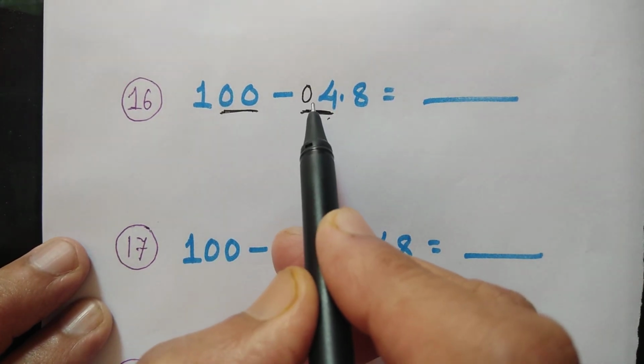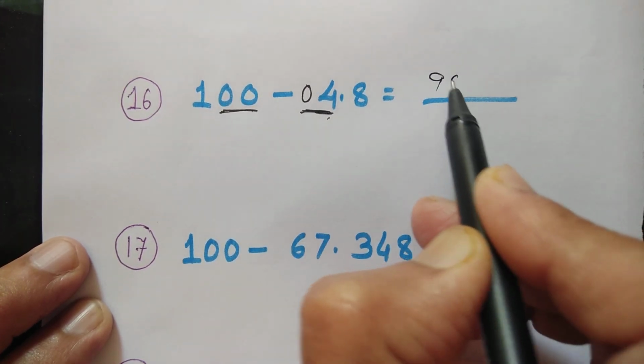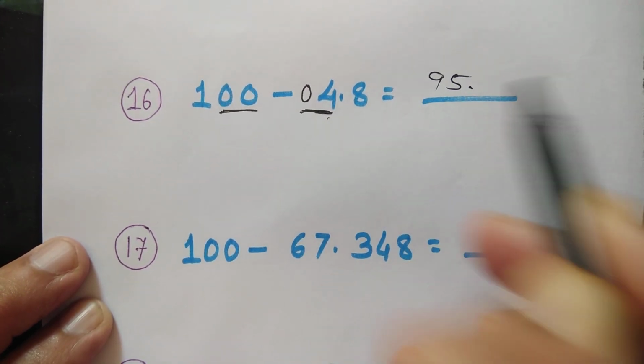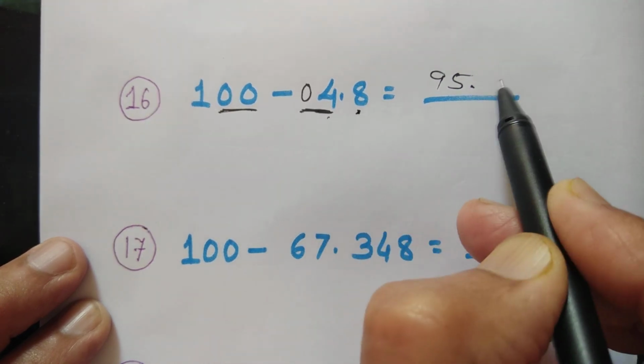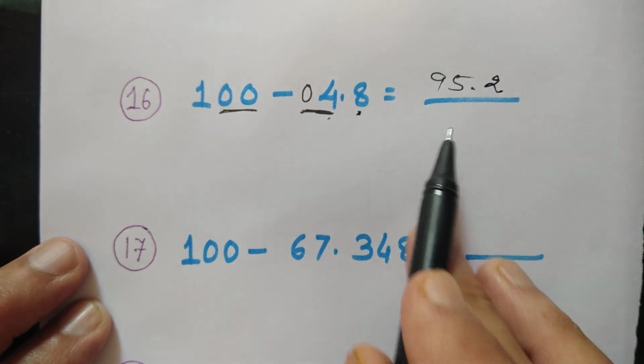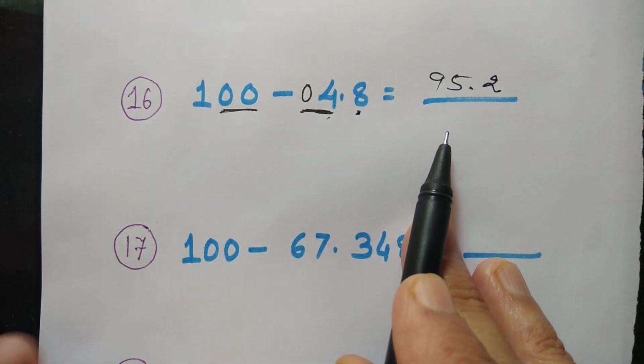All from 9 means 0 plus 9 is 9, 4 plus 5 is 9, point and point, and this number subtracted from 10 means 8 plus 2 is 10. So 95.2 is the right answer.